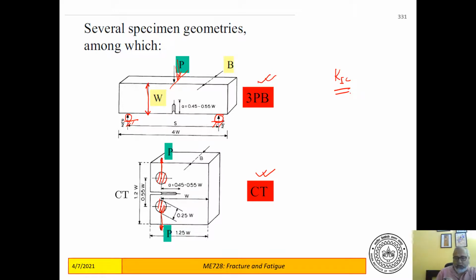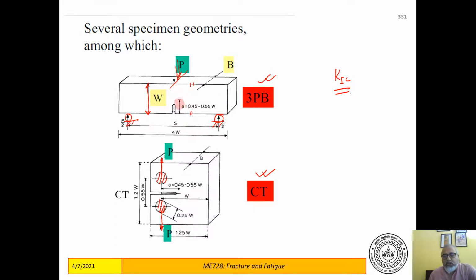Now the crack length has to be close to half the width of the specimen, between 0.45 and 0.55 in all cases. This is to prevent the crack tip from interacting very strongly with either this boundary or this boundary.